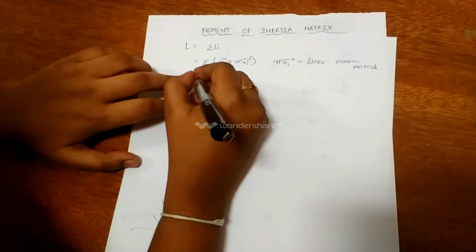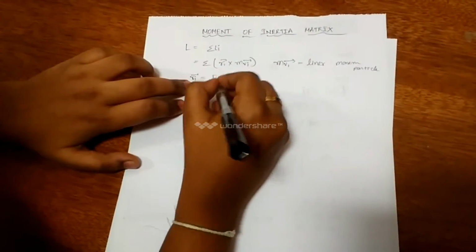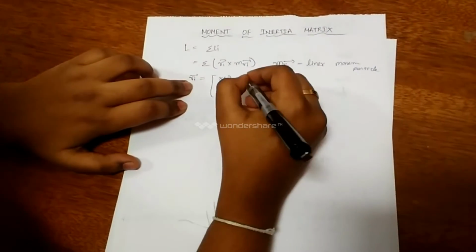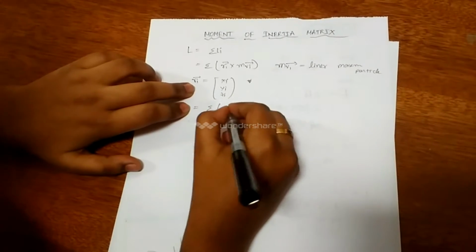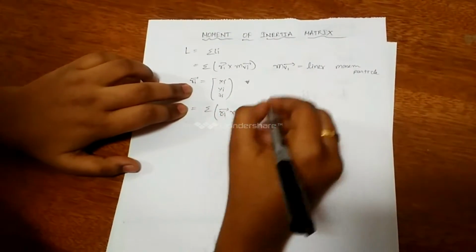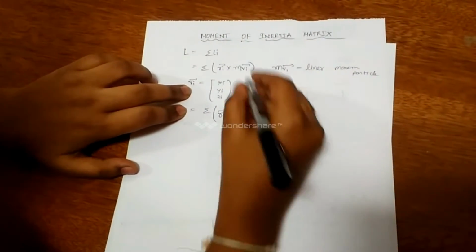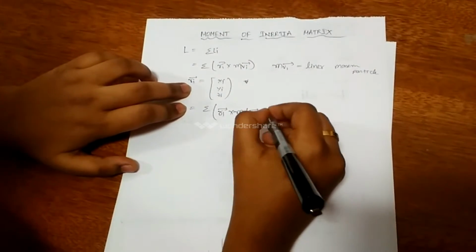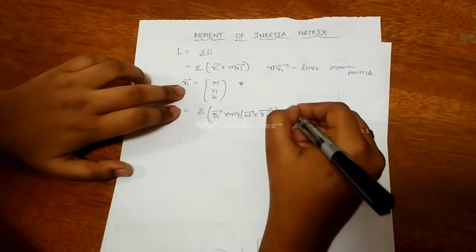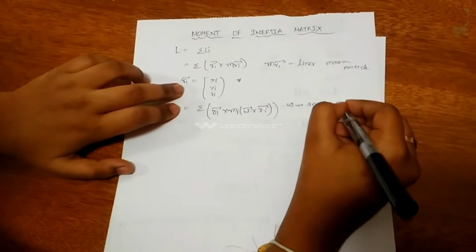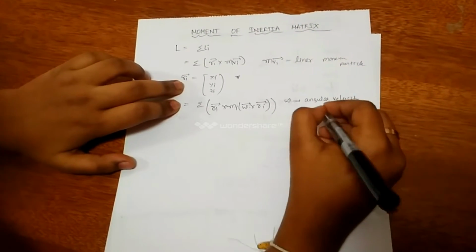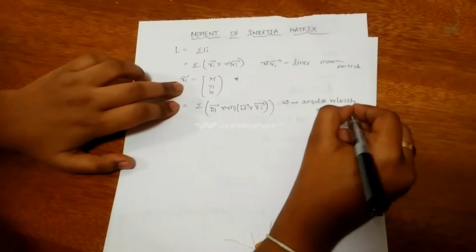Now, Ri bar can be written as the matrix Xi, Yi, Zi, and Vi can be written as m into omega bar cross Ri bar, where omega is the angular velocity of the rigid body.